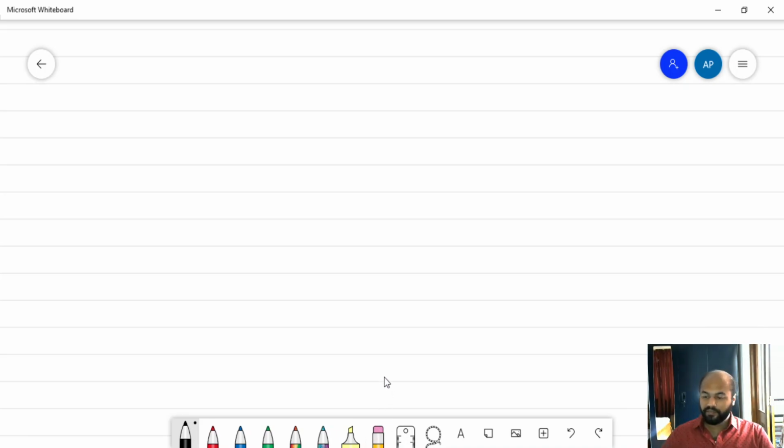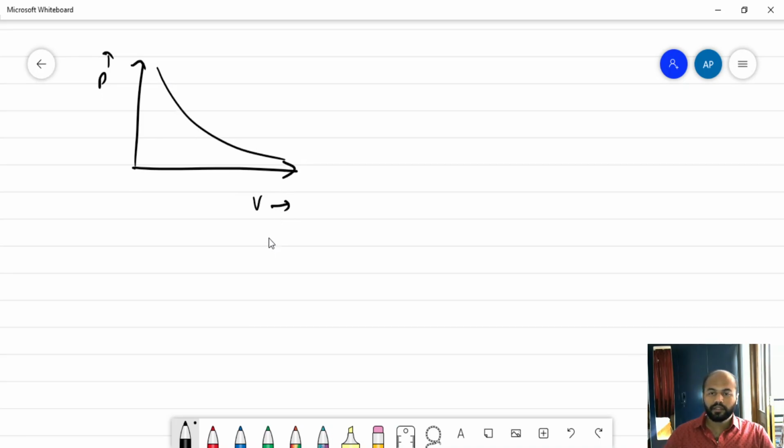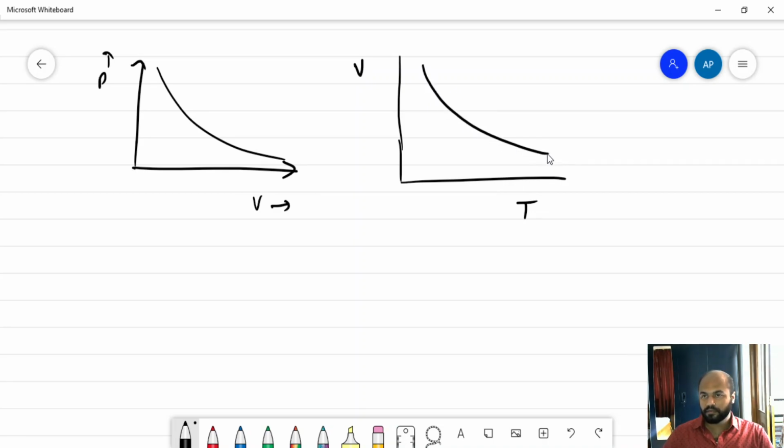Next, let us see various graphs. That is, the first one is pressure and volume. This is pressure and this is volume. Then for an adiabatic process, the graph is similar to what you have in isothermal process, but it is not exactly the same. We'll see the difference in some time. As far as the volume and temperature graph is concerned, so this is the VT graph. This is similar to what is there in PV.